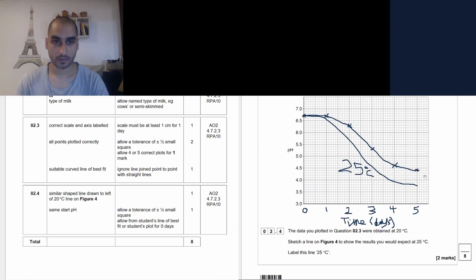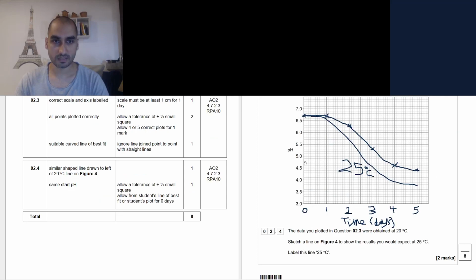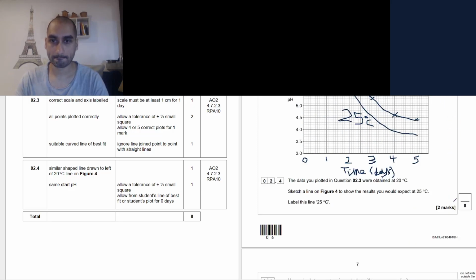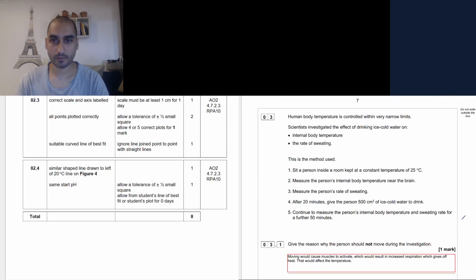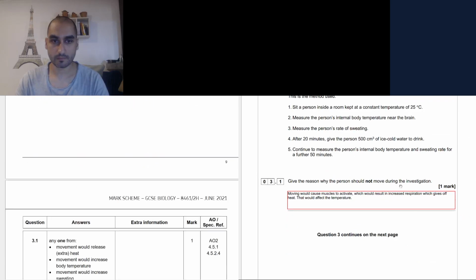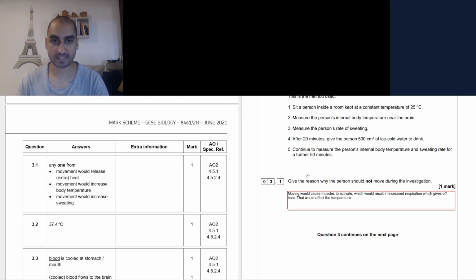Alright. Similar shaped line drawn to left of 20 degrees line. Same start pH. Yeah. Alright. Movement would release heat. Yeah, that's what I said, basically.